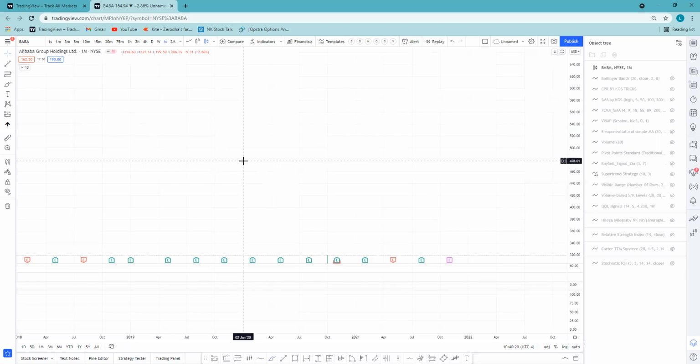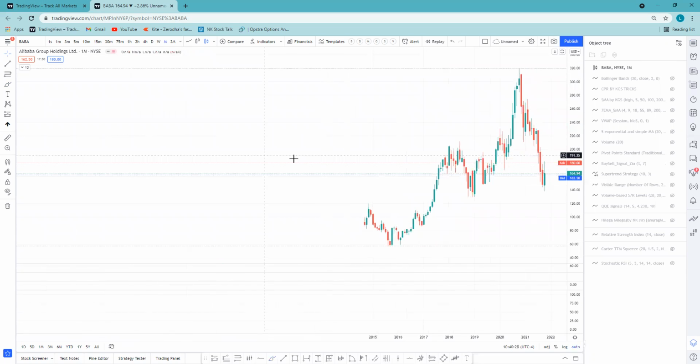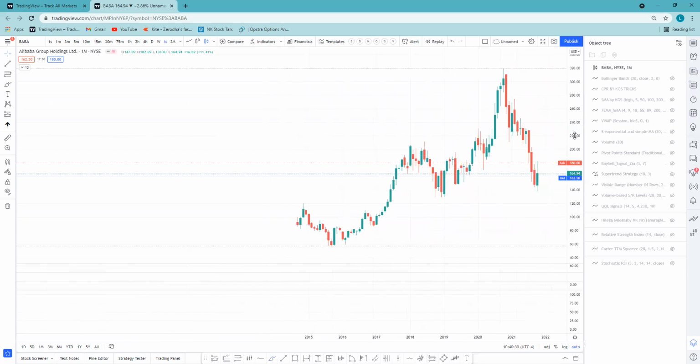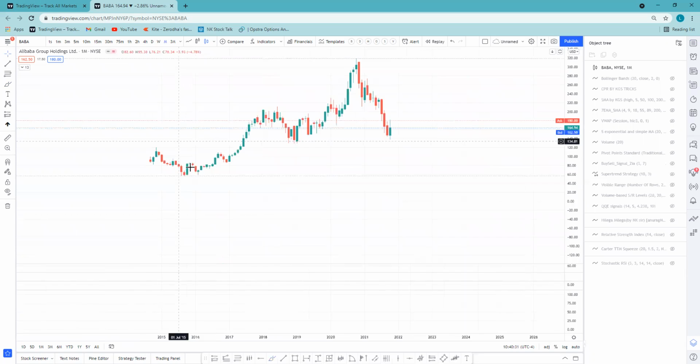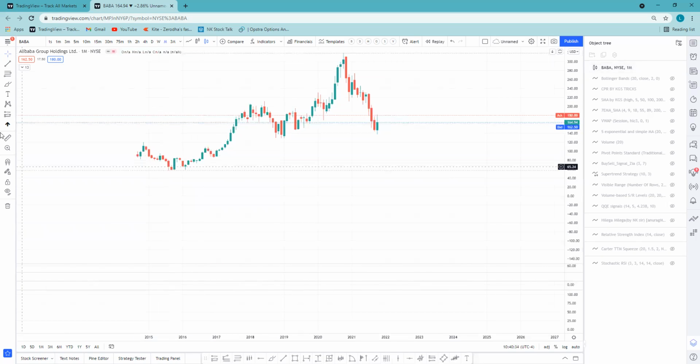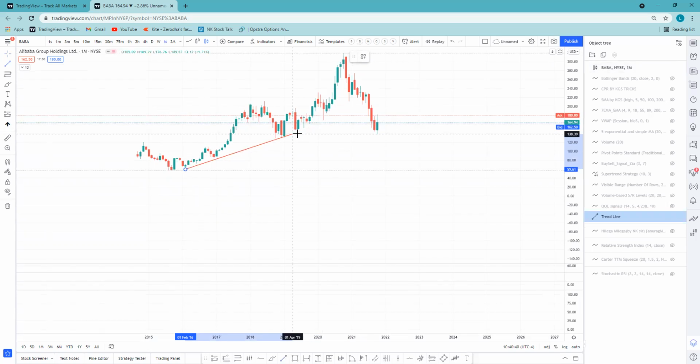What I mean by that is when you see the price going in an uptrend for a long period of time, like it started in 2015, and if you connect this dot to this one with a straight line, what do you think?